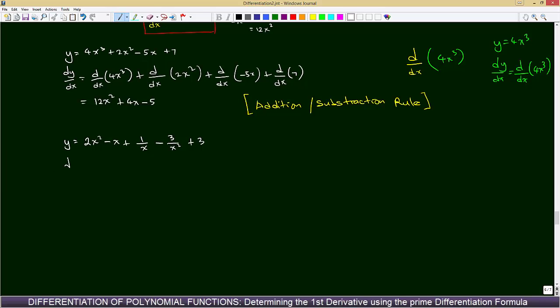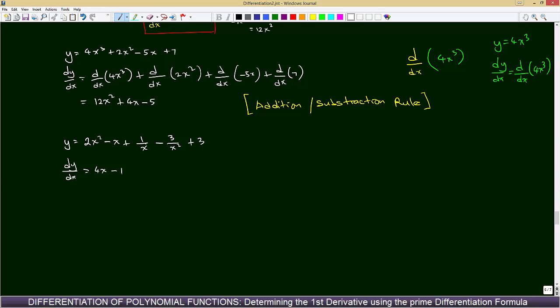Okay, this is new, right? So what is dy/dx? dy/dx is the differentiation of each single term inside it. So 2x squared, what is the differentiation of 2x squared? Equal to 4x. What about minus x? Minus x, differentiation is minus 1.